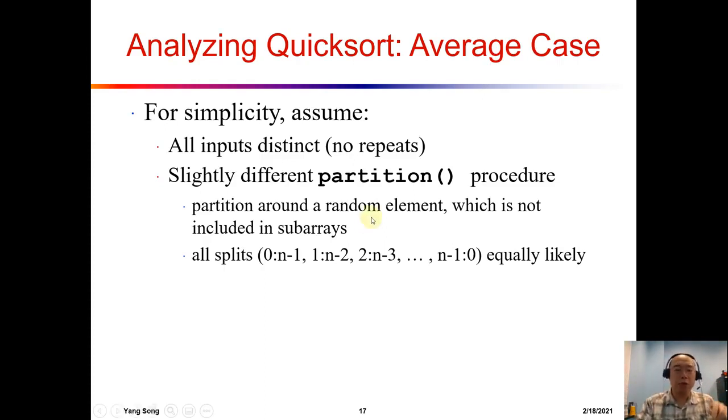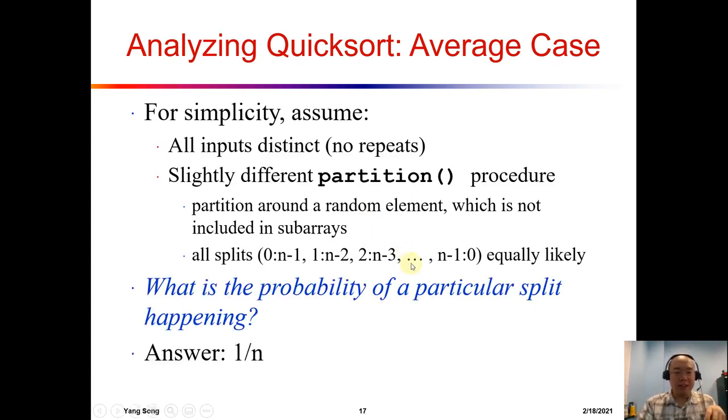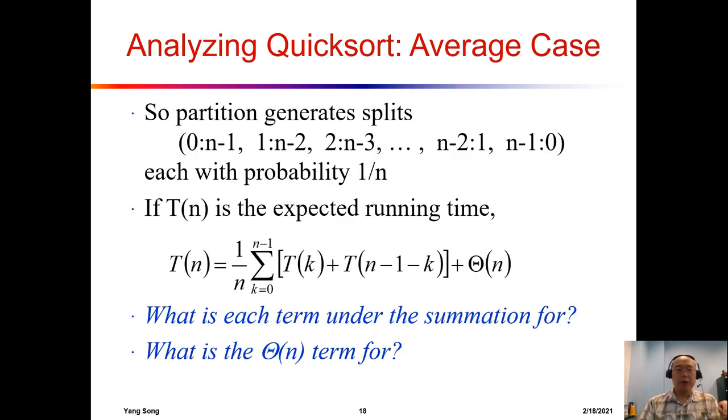So we want to consider this case. How do we get the probability of which partition is likely to happen? The answer is 1 divided by n, where n is how many values we are sorting. Okay, so if we want to consider all those possible partitions, we have to add all the possible T(n)'s together.